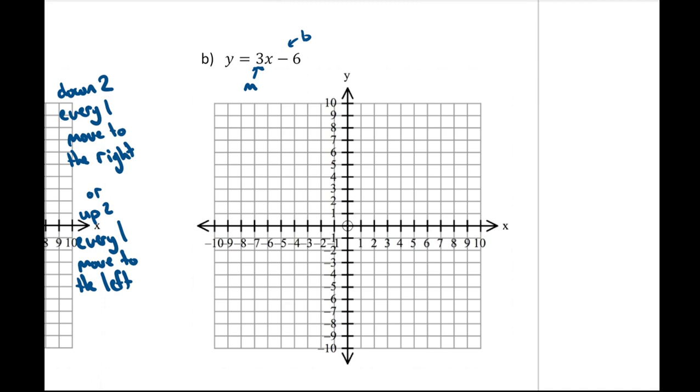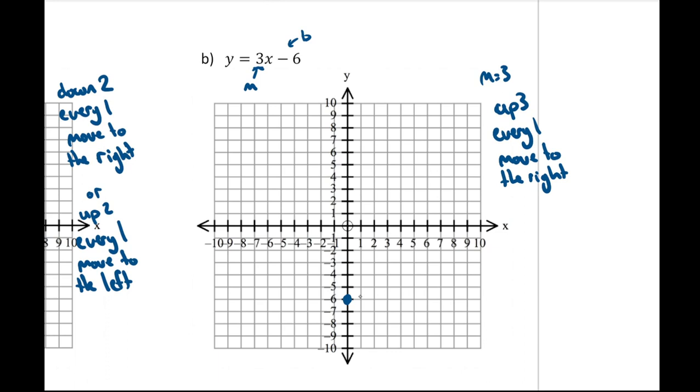So on the y-axis, I go to negative 6 and put down a point. The m is 3, so that means up 3 every one move to the right. Basically every one position, I'm going to increase 3.